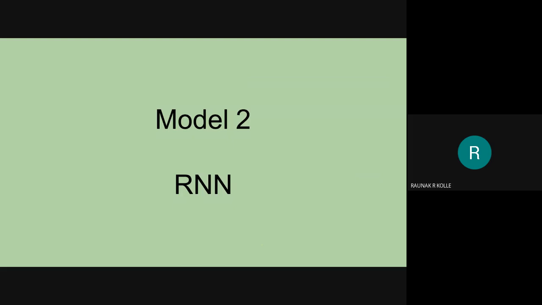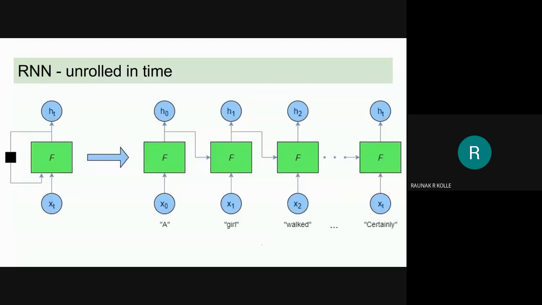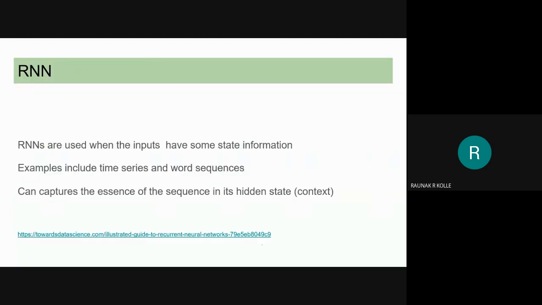While future events would also be helpful in determining the output of a given sequence, unidirectional recurrent neural networks cannot account for these events in their prediction. RNNs are used when the inputs have some state information. Examples include time series and word sequences. These can capture the essence of the sequence in its hidden state. If you want to explore, you can go through this link given in this slide.